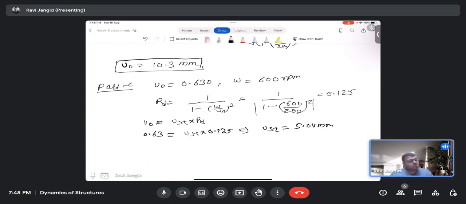Okay, now you can calculate the u naught with 5.04 into 1 over the square root of (1 minus (omega by omega n) squared) squared plus (2 xi omega by omega n) squared.